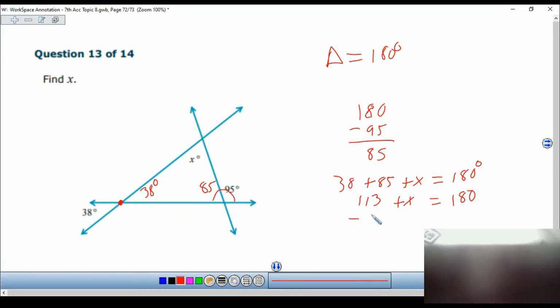So if I subtract 113 from both sides, that's going to leave me with x, which equals 67. So x equals 67 degrees.